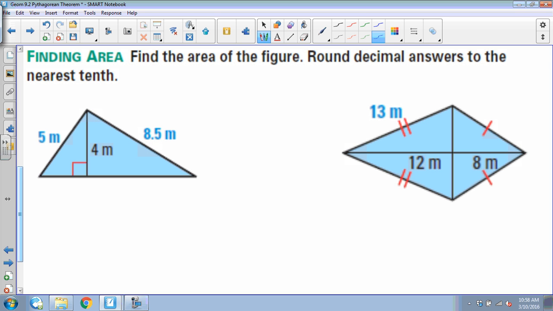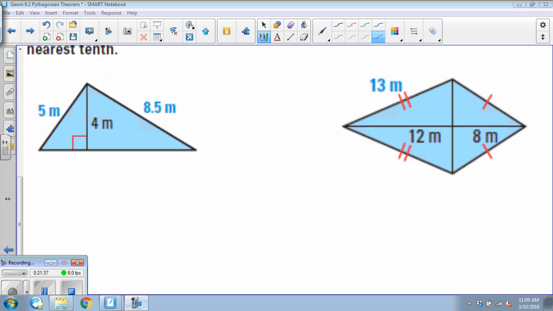Find the area of the figure. Okay, start with the one on the left. All right? Round decimal answers to the nearest 10. And so if I want to find the area of this whole triangle, I need to know this whole base. And they didn't give me that base.